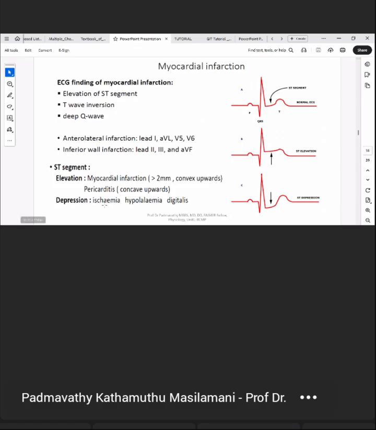And ST depression you will see in myocardial ischemia, hypokalemia, and also digitalis. So all that are the causes of ST elevation and ST depression. And what are the changes you will see in myocardial infarction? The deep Q wave, ST elevation, and T wave inversion. So these are the three important cardinal features of myocardial infarction.